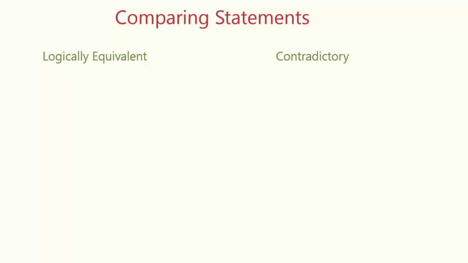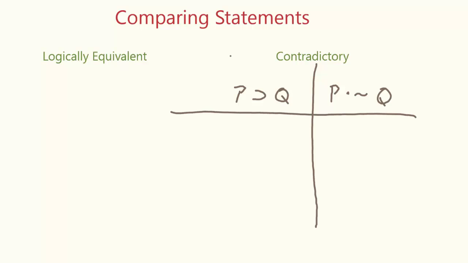All right, now let's look at a couple of propositions for the case of contradictories. So we'll look at if P then Q, and the other proposition that we'll look at is P and not the case Q. So we have our reference column.